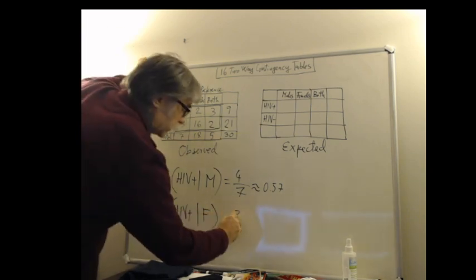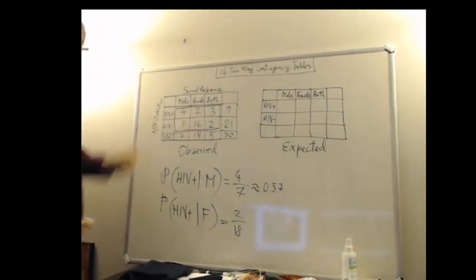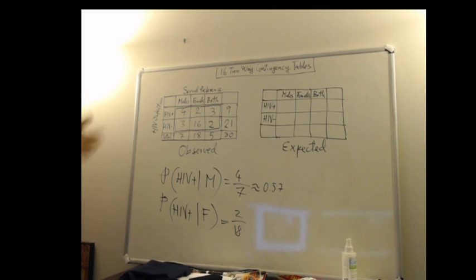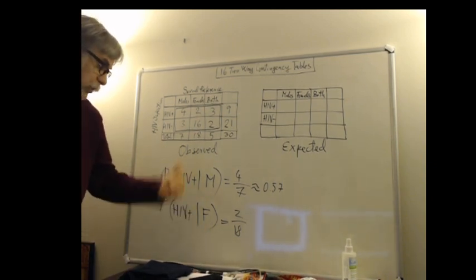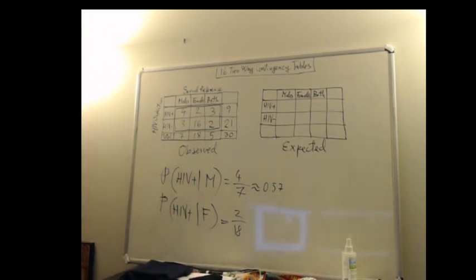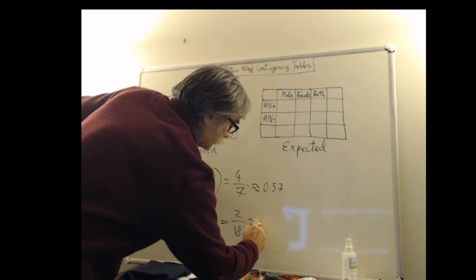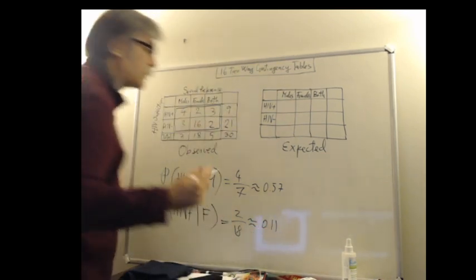So you have 2 out of 18. That's your conditional probability: if somebody is straight, what is the chance that person is HIV positive in this group of 30? You can calculate that again, and I'm coming up with approximately 11%. So you have some answer here.